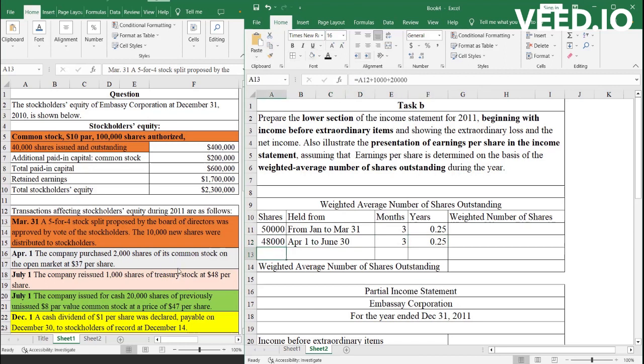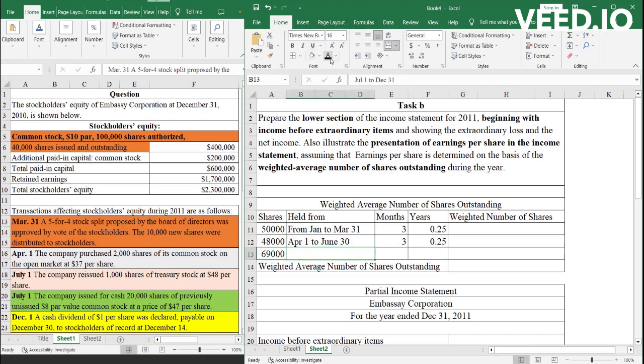Following this, in July, 2 things happened. 1,000 of the 2,000 treasury stock was sold, and another 20,000 shares were sold. So that's a sale of 21,000 in July. So essentially, 48,000 plus 21,000 is 69,000 shares, which were outstanding by 1st July.